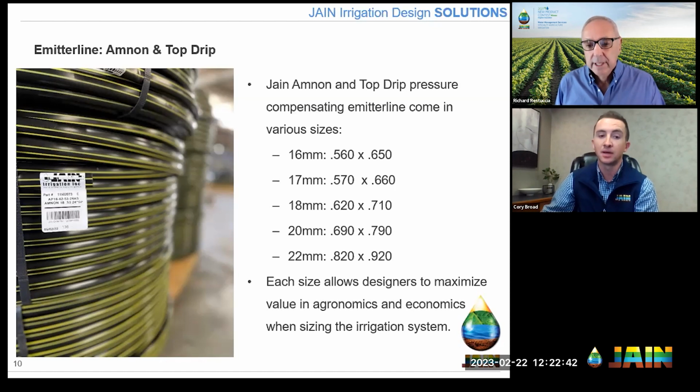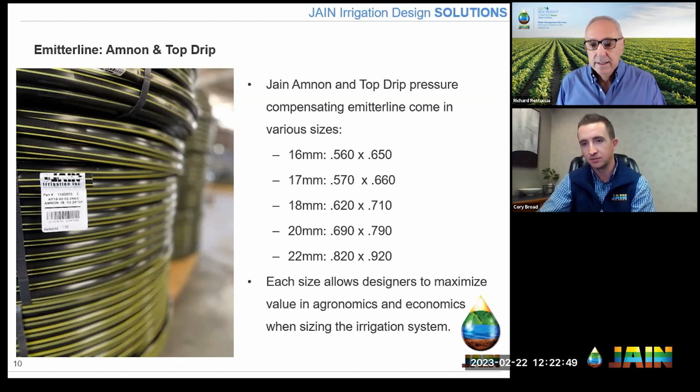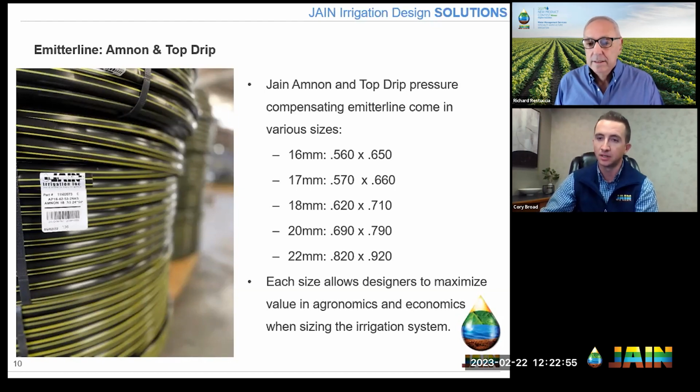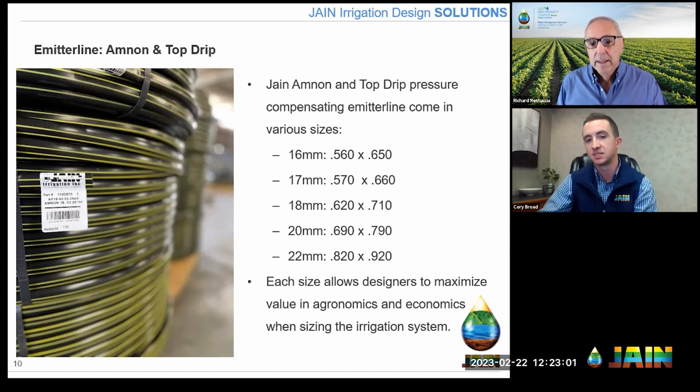And what's really neat about this also is that it comes in a wide range of sizes. We tend to talk about it in millimeters in general terms, so 16 all the way up to 22. But it's also important to know the inside diameter and the outside diameter of those. One thing that's really unique to Jain is, for instance, the 17 millimeter option with the 570 inside diameter.